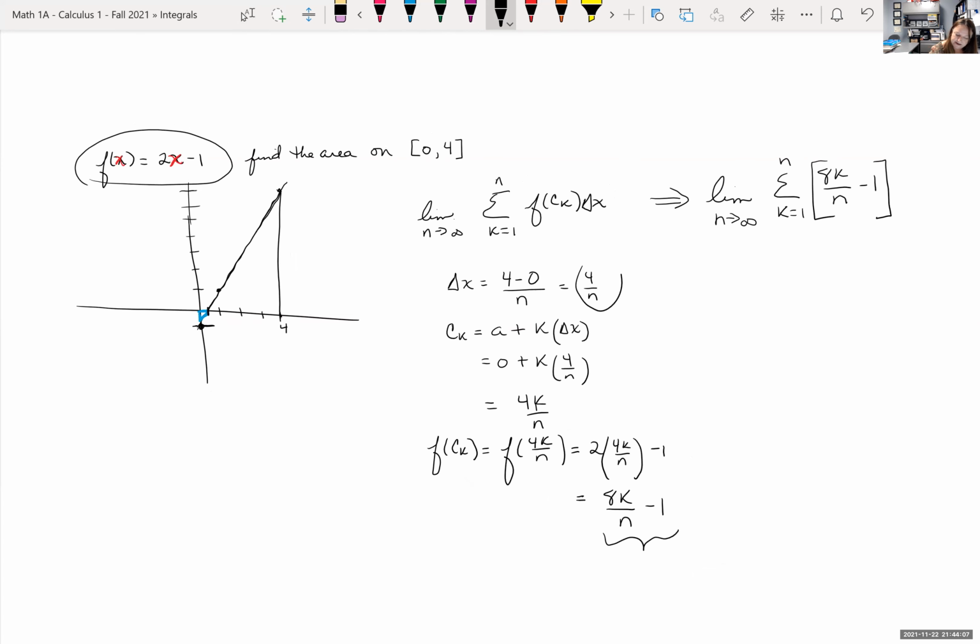And delta x we found to be 4 over n. So we could distribute. So this gives me the limit as n goes to infinity of the summation from 1 to n of 32k over n squared minus 4 over n.